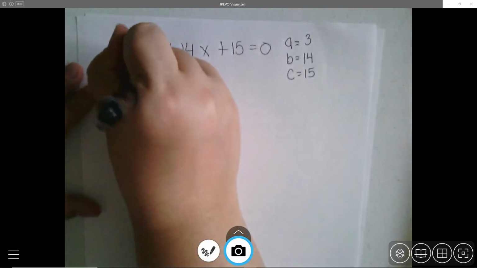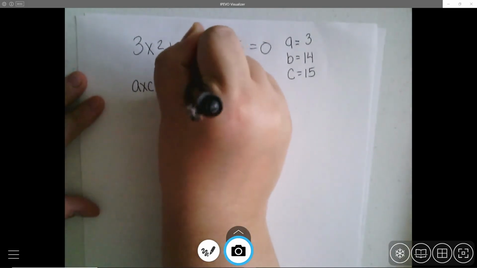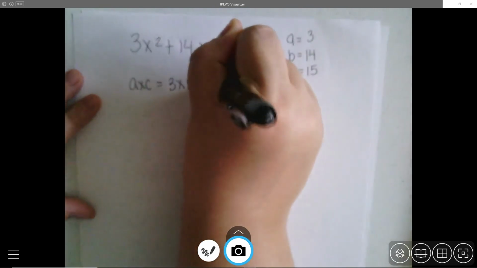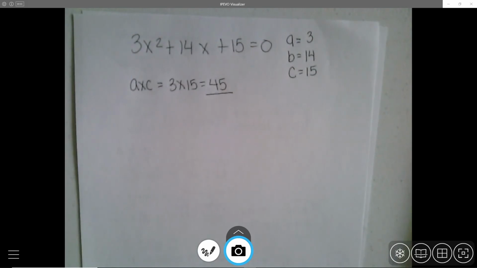The first rule says multiply A times C. 3 times 15 is 45. Those are the factors I want to list out. Since my A times C creates my new, in quote, C, I'm listing out those factors, and since it is positive, both factors are positive or both factors are negative.